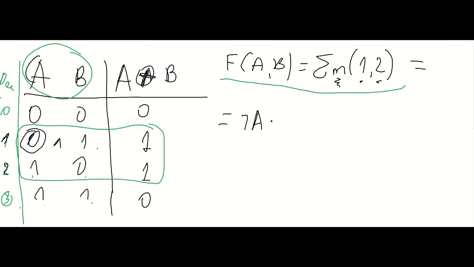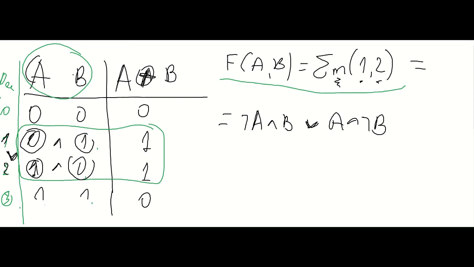Here we have 1, so we write B. We take B as it is. In between lines, we consider a disjunction, so we write a disjunction, and we take A, it's 1 here, so we take A as it is, and now a conjunction, and we have 0 for B, so that's why we write not B.